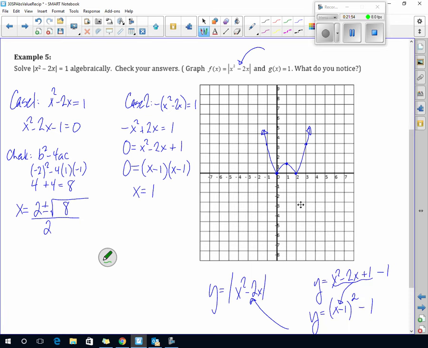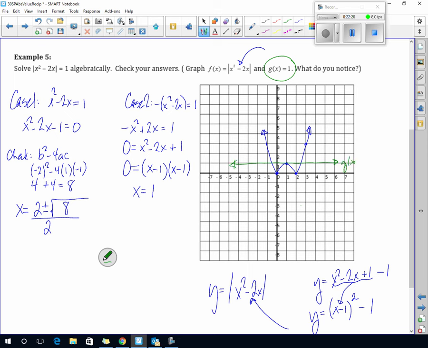Vertically? It's a constant function. That means it doesn't change. It goes straight across. Straight across where? At 1. Looks like that. So this is g of x equals 1. This is f of x equals the absolute value of x squared minus 2x.